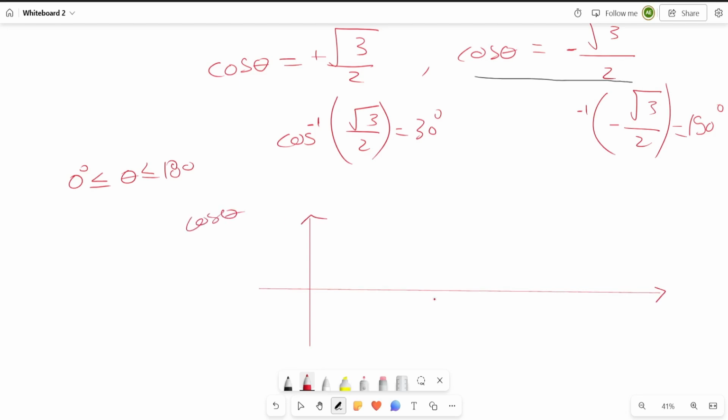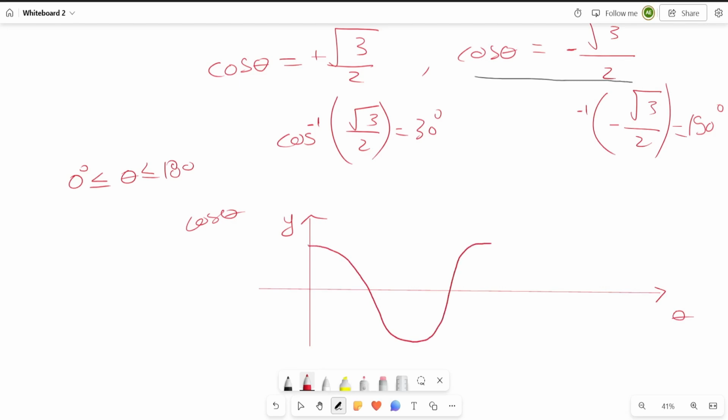So cosine theta, this is y, this is theta. Theta is on my x-axis and y is on my y-axis. I know that my cosine looks something like this.